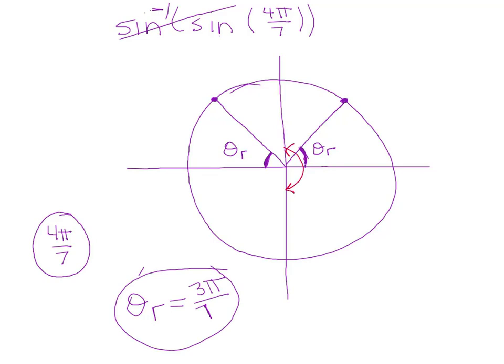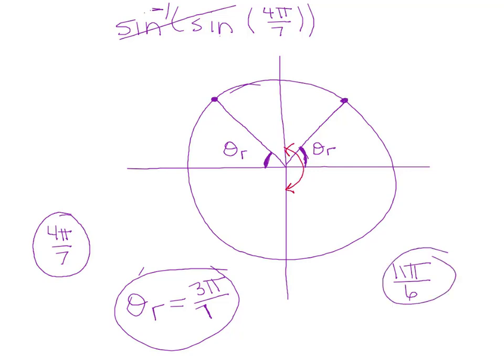For sine and tangent, it just has to be on the left side or the right side. It has to be in quadrant 1 or 4. It can't be 11 pi over 6. What quadrant is 11 pi over 6 in? 4.